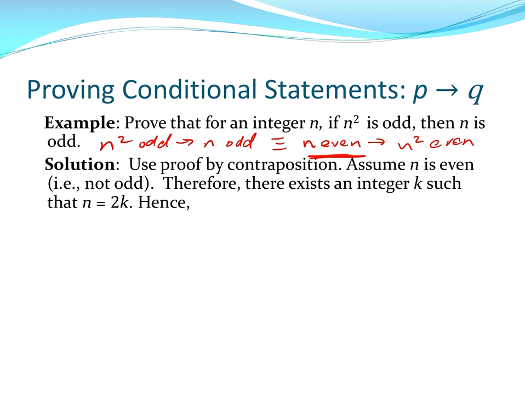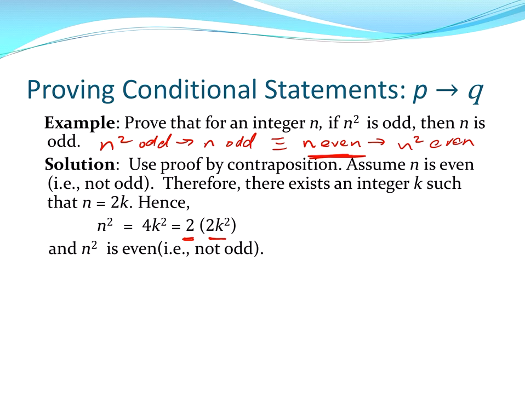So assume n is even, then we can use the definition of even to say that n is equal to 2 times k. And now we will square it to get n squared equals 4k squared. But that can have a 2 factored out, so that n squared is equal to 2 times 2k squared, which is an integer. That meets the definition for even, so n squared is even when n is even.